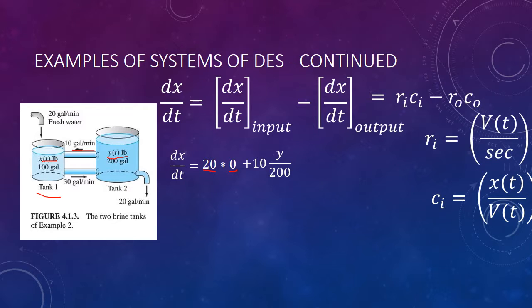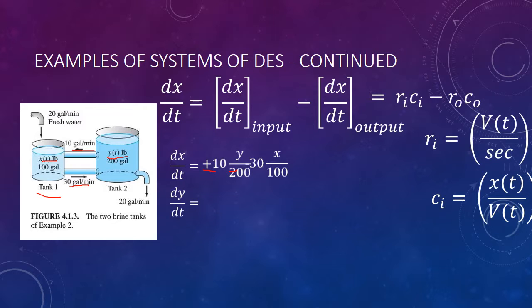And then I have some going out of tank 1, and so I have a minus 30 gallons per minute coming out with a concentration of X divided by 100 gallons, and that's what's in tank 1. So that's equation 1. That first term will go away, and we can move the other ones over. My minus sign kind of disappeared here. I apologize for that, but I'm going to keep moving on.